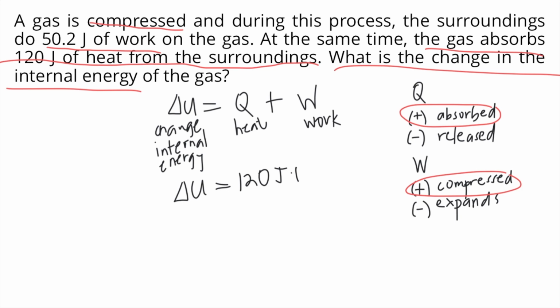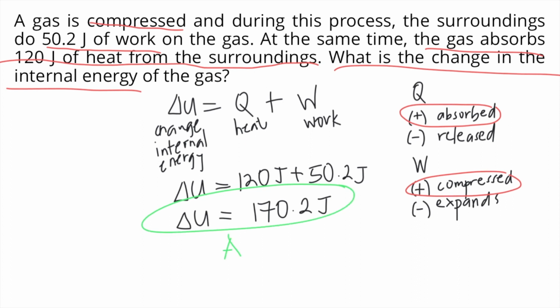So your work is positive 50.2 joules. So your delta U is simply 120 plus 50.2 joules, and that's equal to 170.2 joules. So this is the answer.